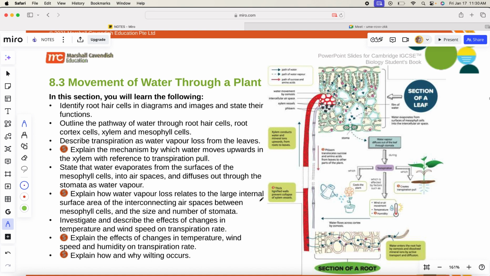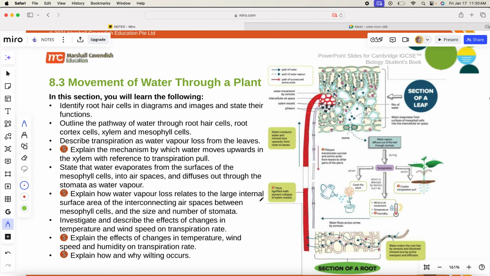In this chapter, there are two words you must remember: translocation and transpiration. We've talked about translocation, how food such as sucrose and amino acids is transported from the source through the phloem tube to the sink, for storage or for use by every cell of the plant, right?